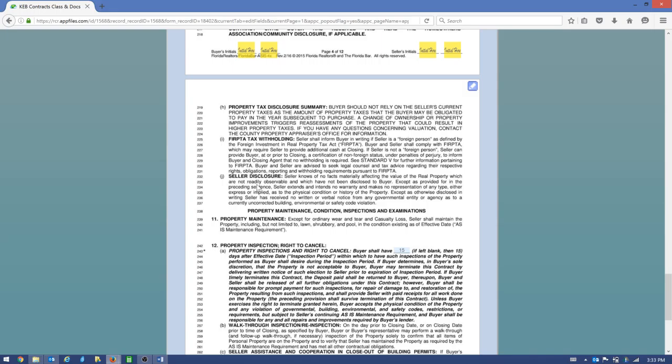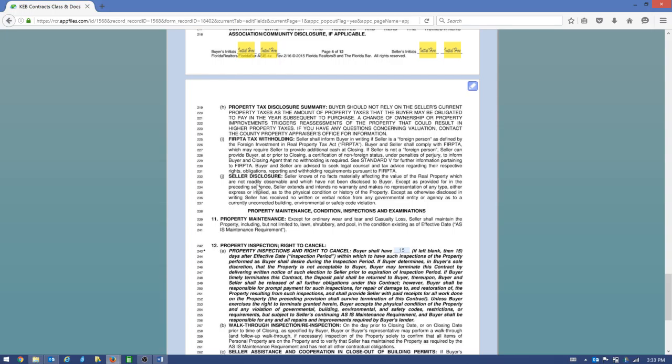We all know that repairs for sinkholes often happen underground. When you look at a home, you can't always tell it has a sinkhole. Sometimes, sure, you can, but a lot of times you can't tell. So the seller knew but didn't tell the buyer. That would be a problem.